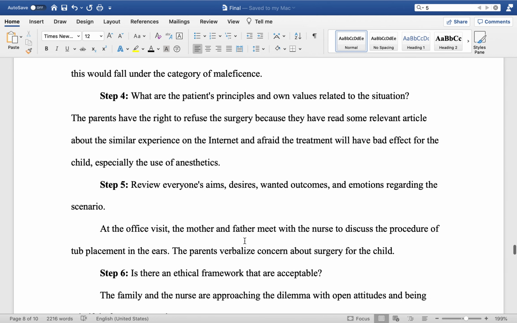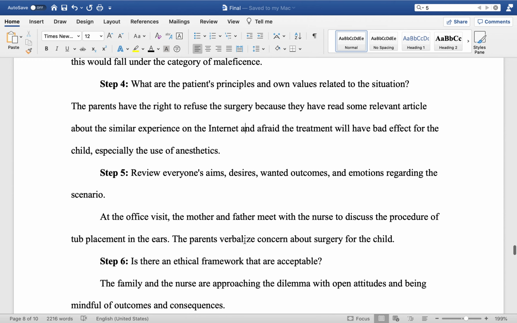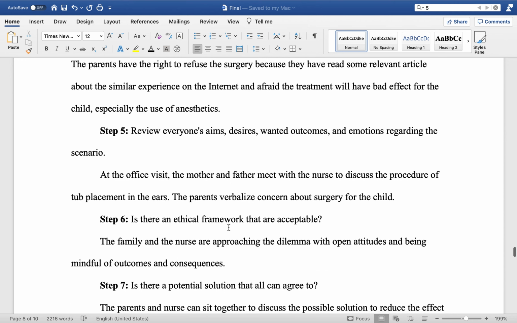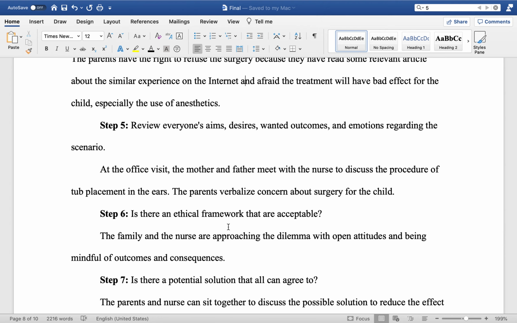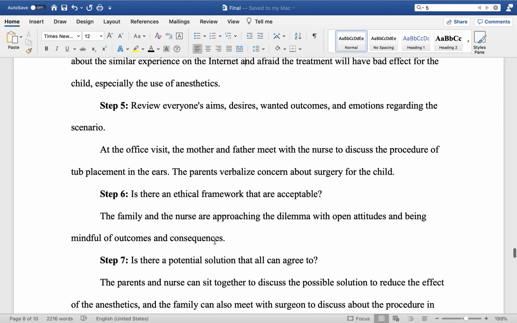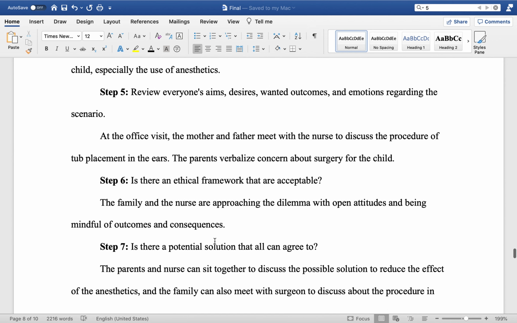At the office visit, the parents meet with the nurse to discuss the procedure of the tube placements in the ears. The parents verbalize their concern about surgery for the child. Next step is, is there a framework that is acceptable? The family and the nurse approach the dilemma with an open attitude, being mindful of outcomes and consequences.